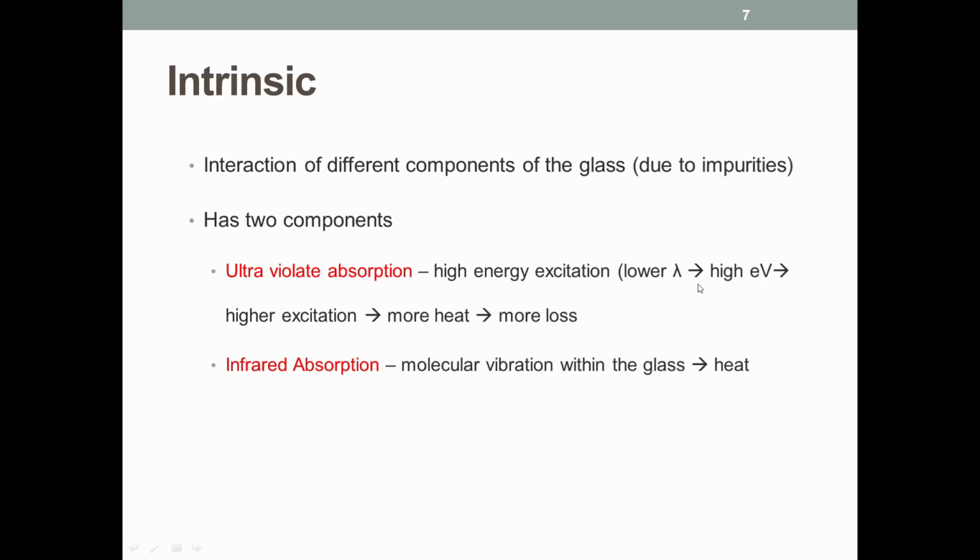Whenever low lambda is used, you need high power to excite the electrons into the higher energy level. High energy includes high heat, hence loss. Next, infrared IR absorption: molecular vibration within the glass creates friction and then creates heat. So this is what intrinsic absorption is.